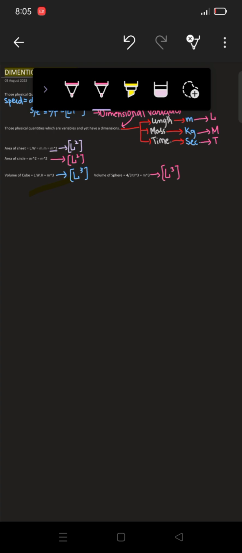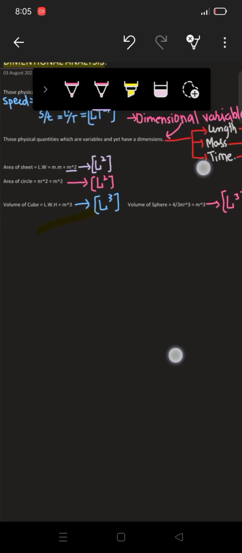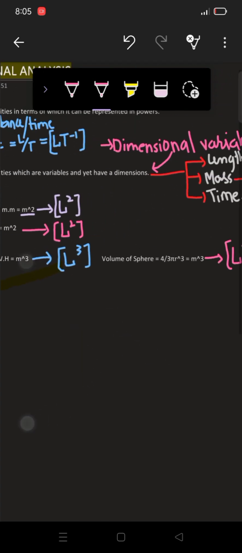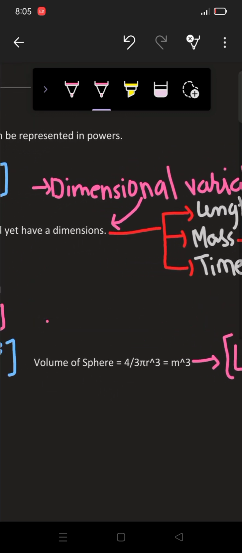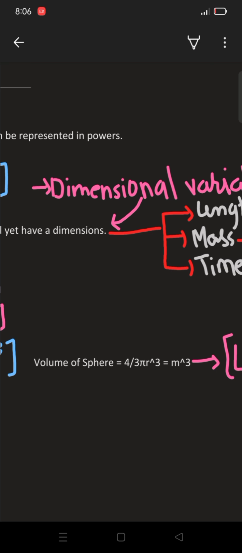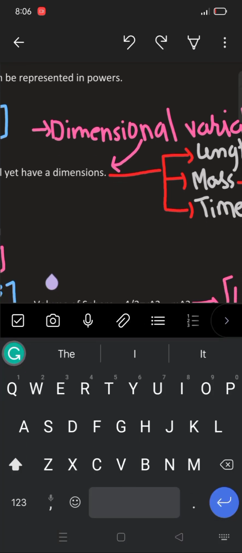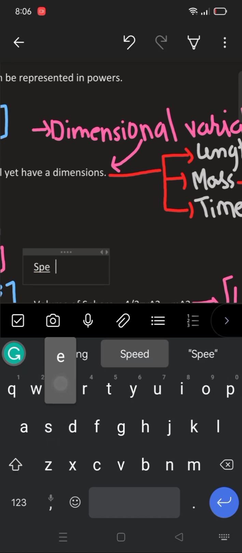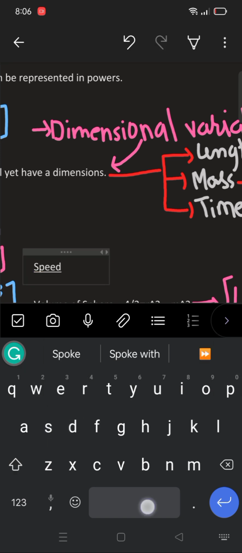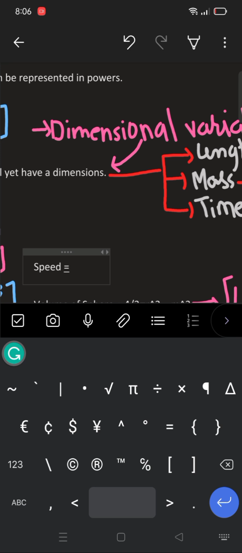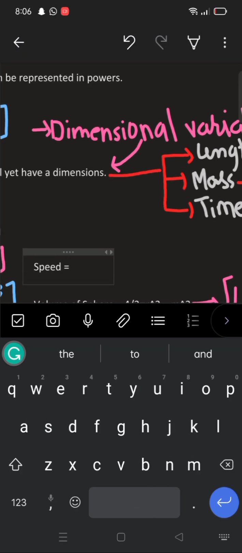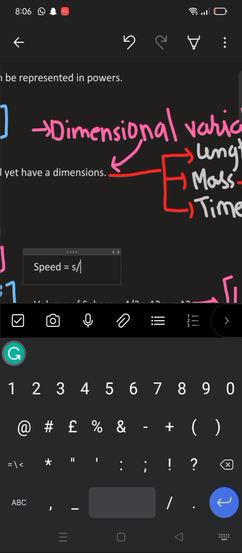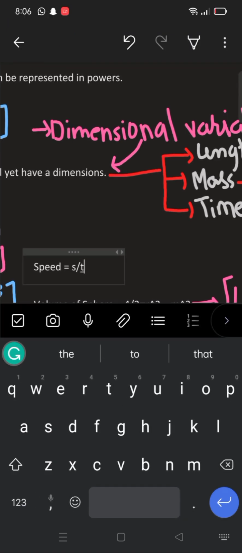Alright. Now let's go with the speed. What would be the dimensional formula of speed? Let's write this here. Okay, so we have now speed, and we know the formula of speed is distance upon time, where distance is represented by s and t means time.